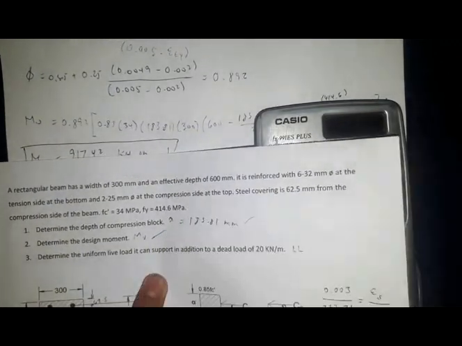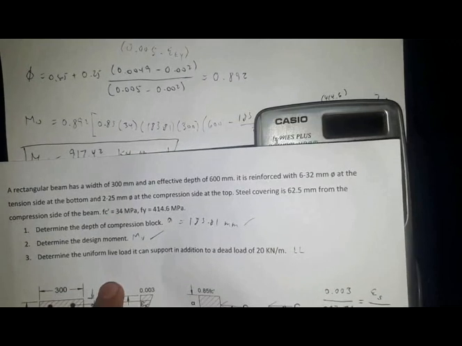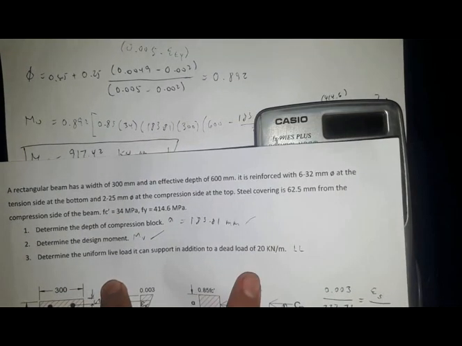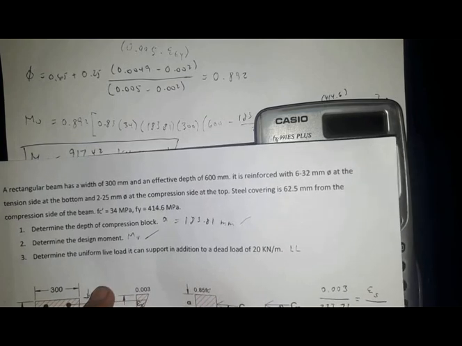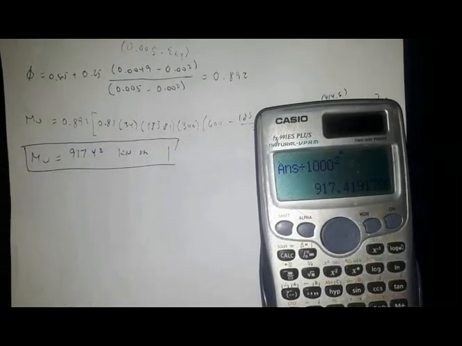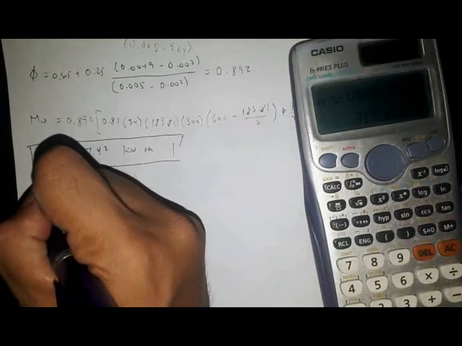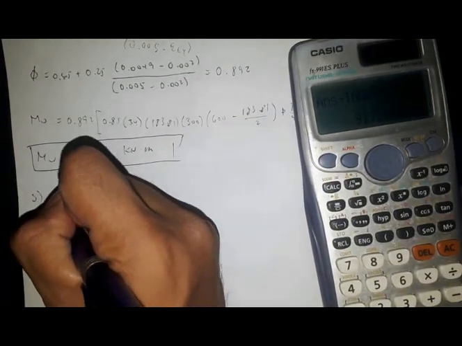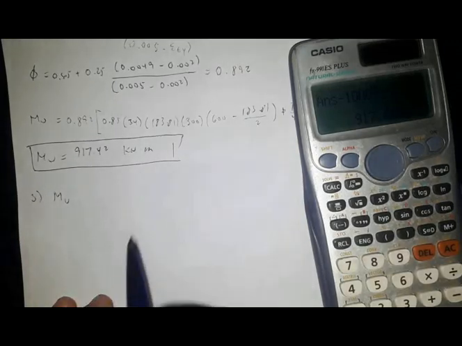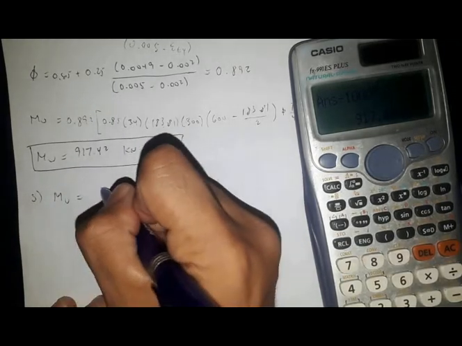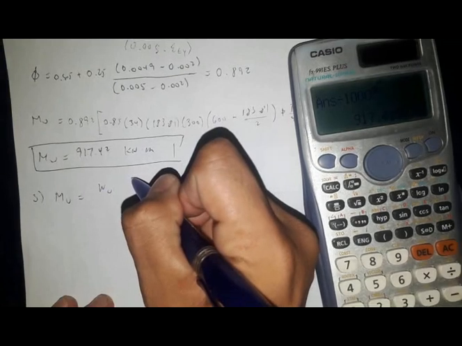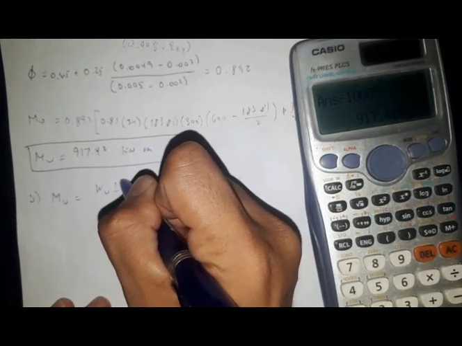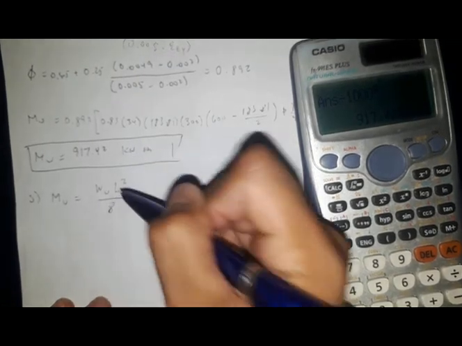Number 3: determine the live load the beam can support in addition to a dead load of 20 kilonewton per meter. The ultimate moment Mu is equal to W L squared over 8.